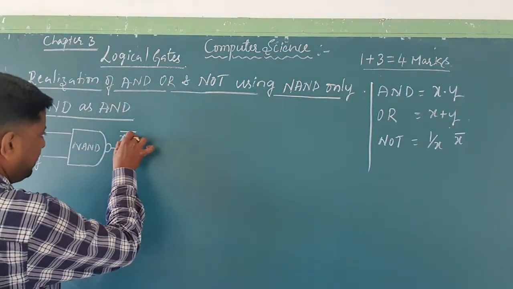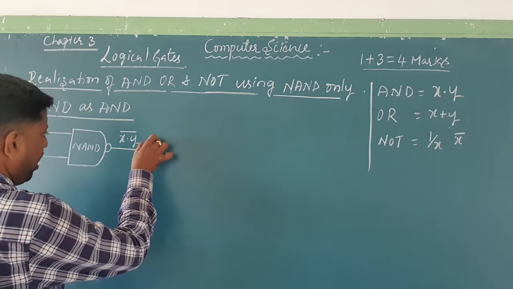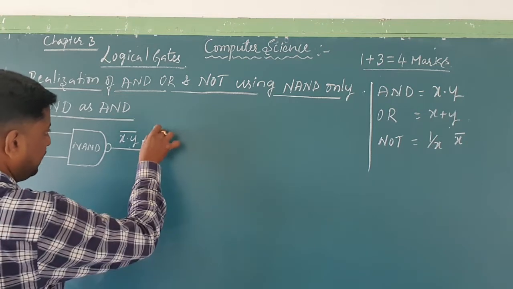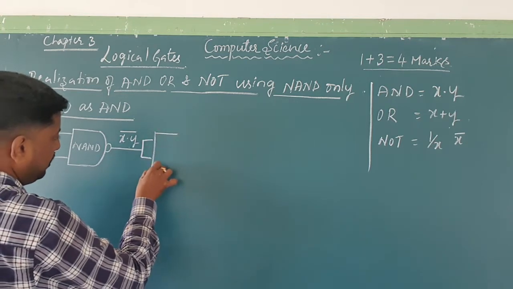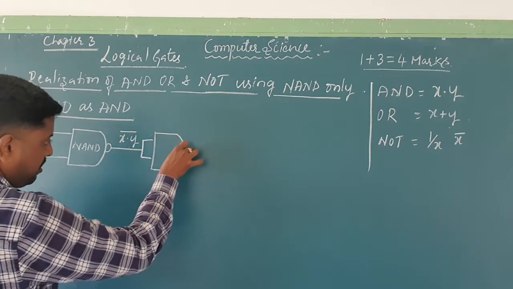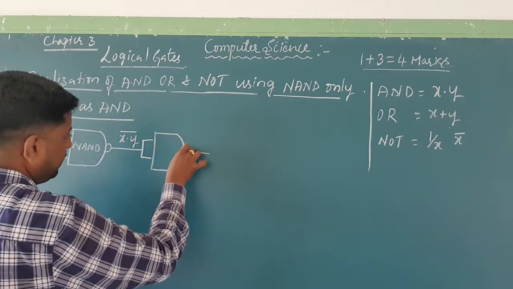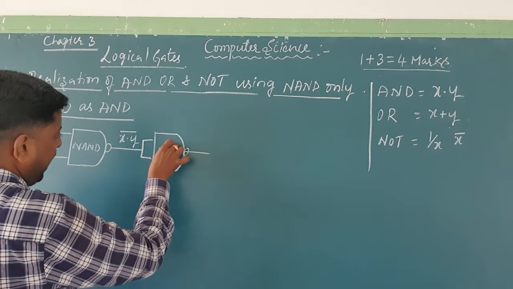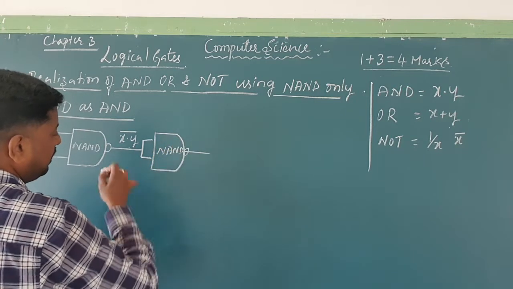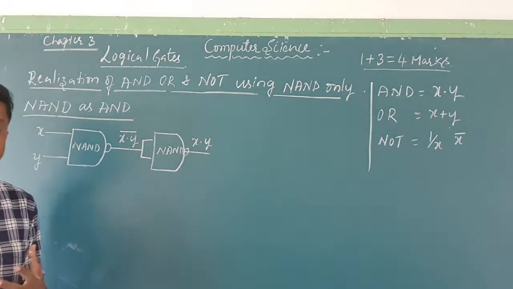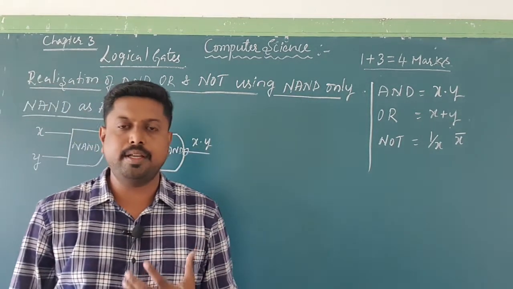I am considering this output as the input for one more NAND gate, connecting both inputs together into a single input, and the result is x into y.